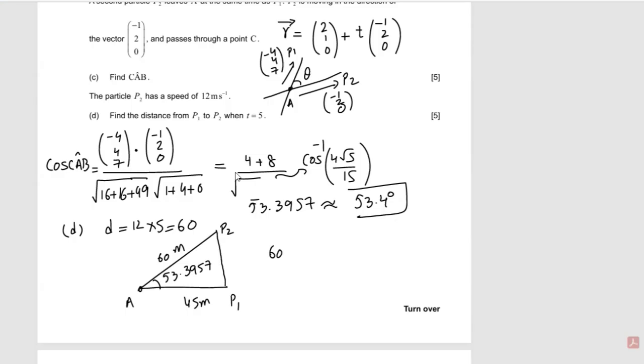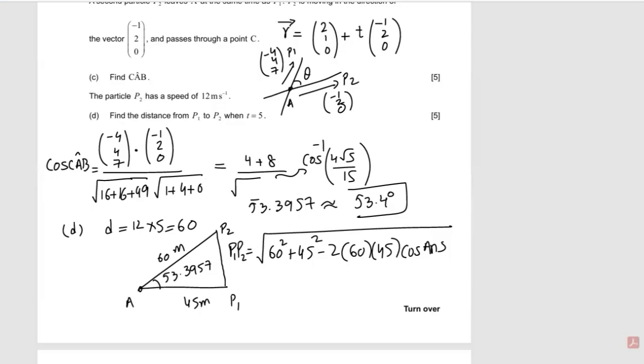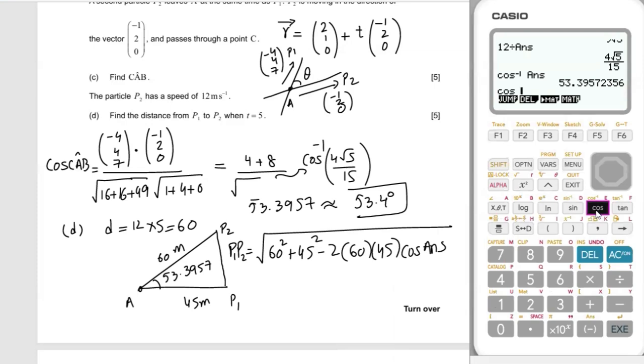So we can just use the cosine rule again: 60 squared plus 45 squared minus 2 times 60 times 45 times cos of the answer angle, which is already given there. So this is the distance between P1 and P2. Let's use our answer. I can do the cos of the answer again, times negative 2, times 60, times 45, bracket close.